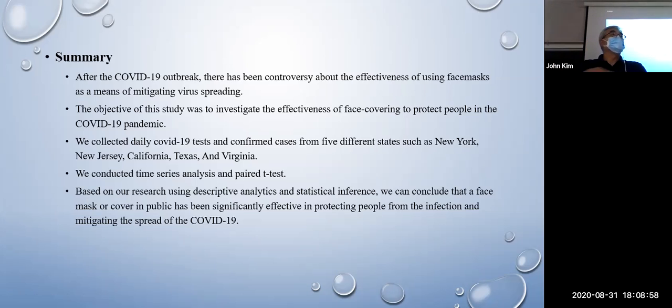Around the end of February and early March, in the United States, the first case, and after that it spread, and then the New York area increased rapidly, and now California is the state with the most cases, but at the time, until June, New York and New Jersey were number one and number two.